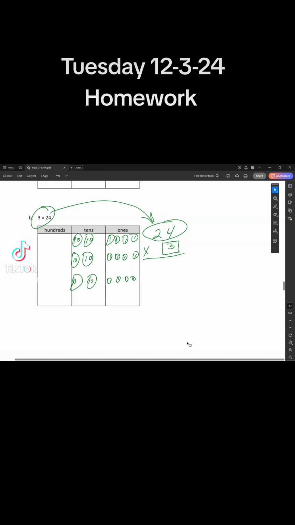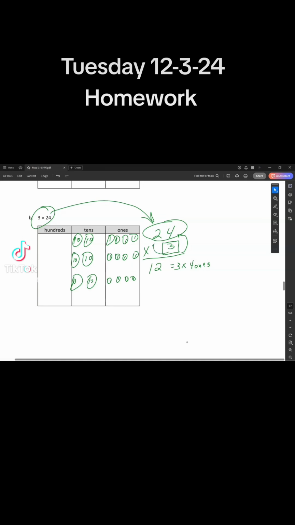Okay? Now I'm going to go back and I'm going to multiply. So, multiply the ones place first. 3 times the number in the ones place, 4 ones, equals 12.